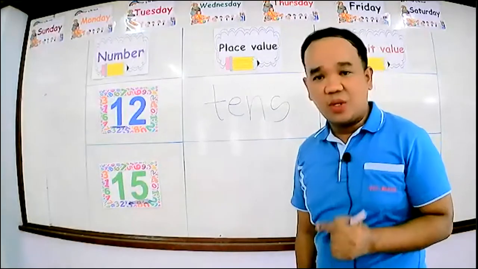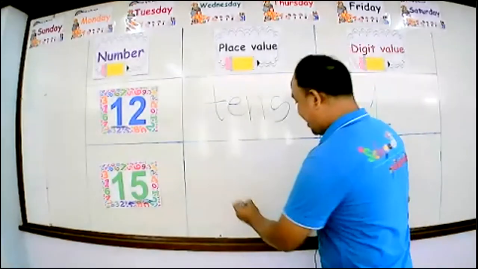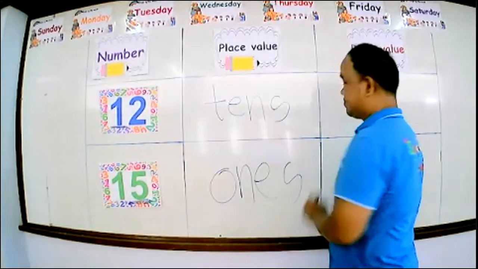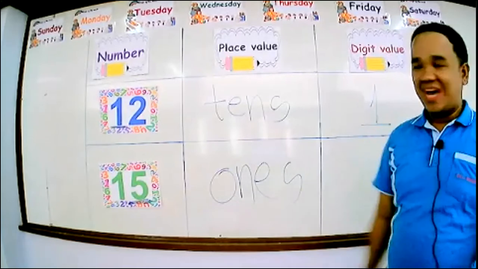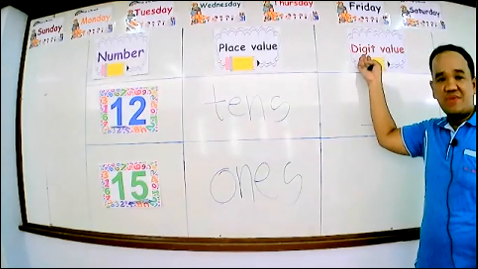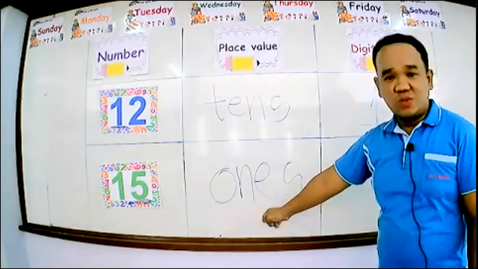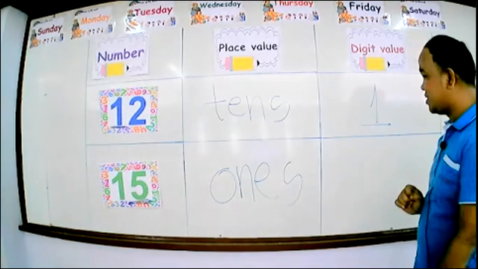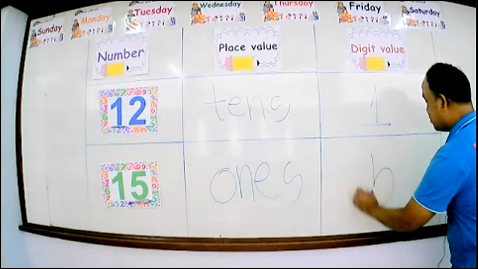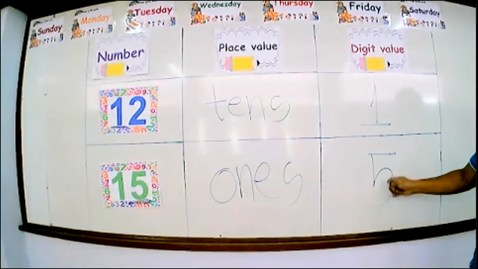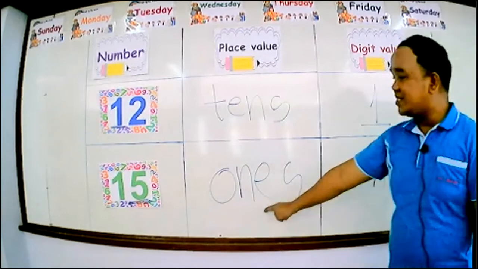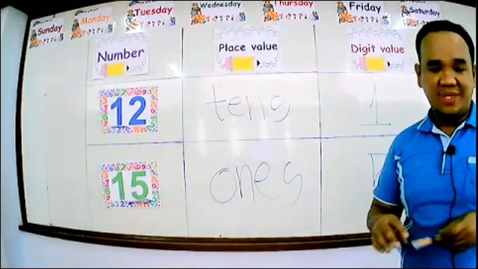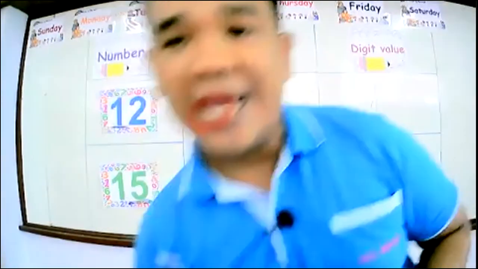How do we write the word ones? O-N-E-S, ones. How about the digit value of ones? The digit value of ones is 5. Very good. Now, let's have another example.